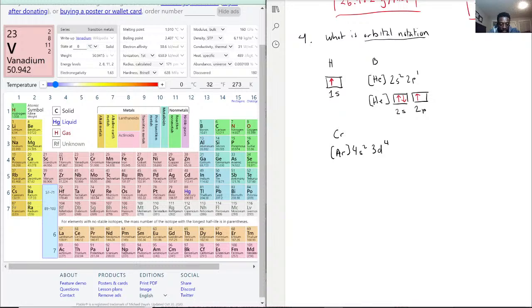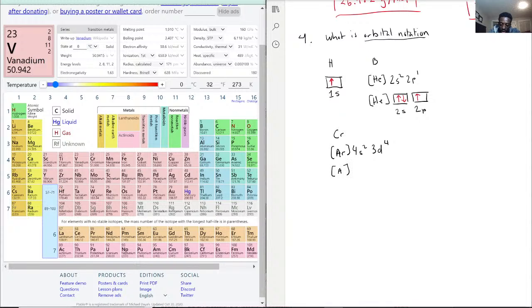The interesting thing is that this actually is incomplete. When we write in orbital notation, you'll see why this answer changes, which is why the orbital notation is actually quite handy. So let's write this out.